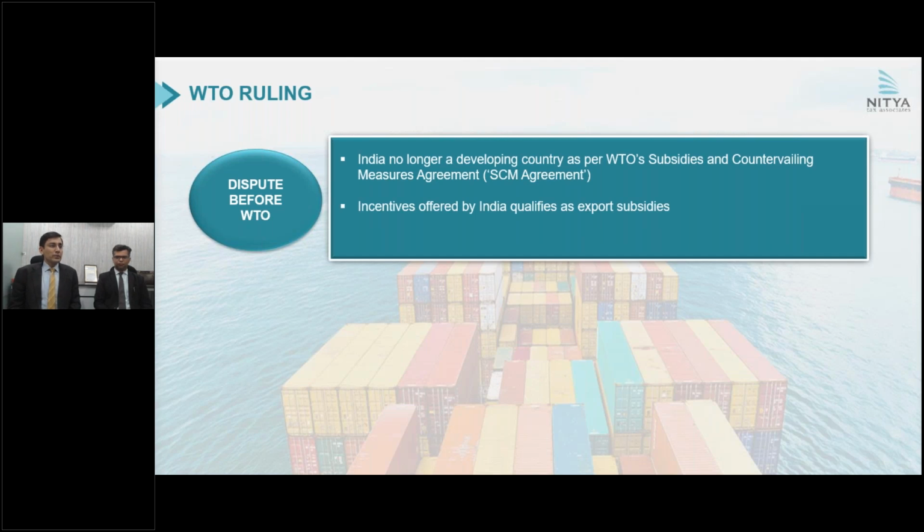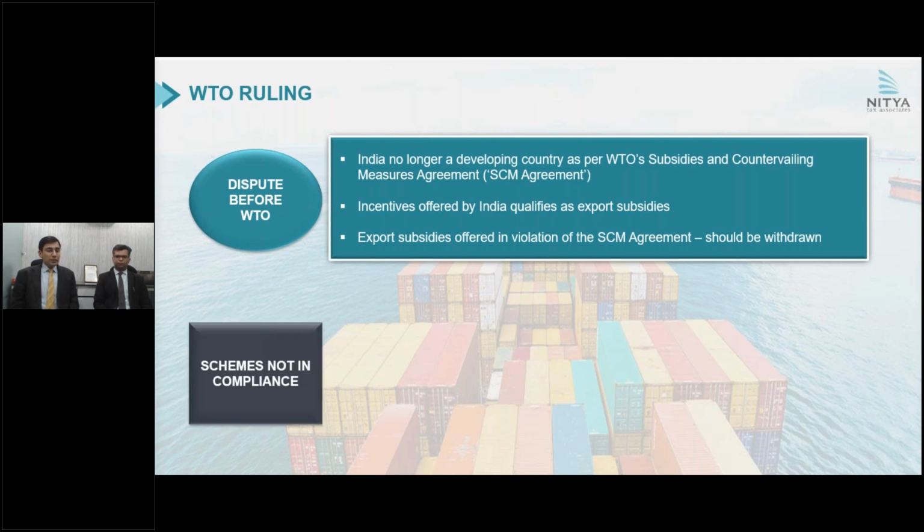So the dispute before WTO was that the incentives which India was offering were export subsidies, and various countries like the US were objecting to it because the export incentives granted by the Indian government used to reduce the cost of goods for Indian exporters and increase their export competitiveness. Their contention before the WTO was that India should be forced to withdraw these incentives. Importantly, the WTO rendered its ruling against India.